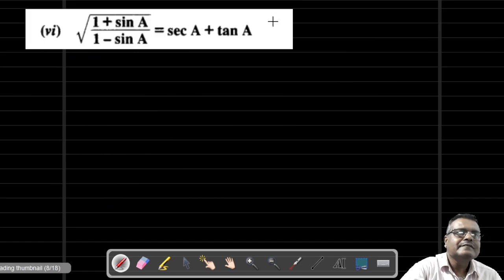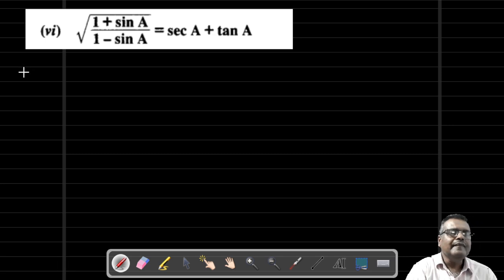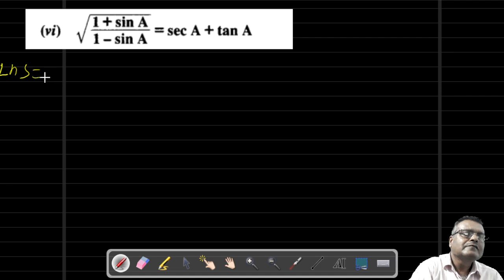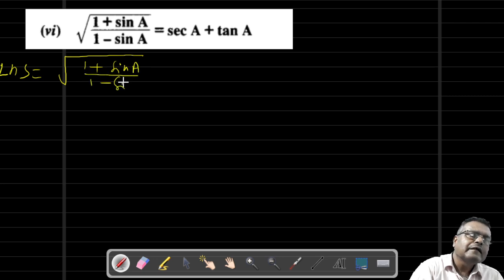Next, sixth question. You see, LHS is given: square root of 1 plus sin A divided by 1 minus sin A. You can multiply 1 plus sin A with numerator and denominator both.